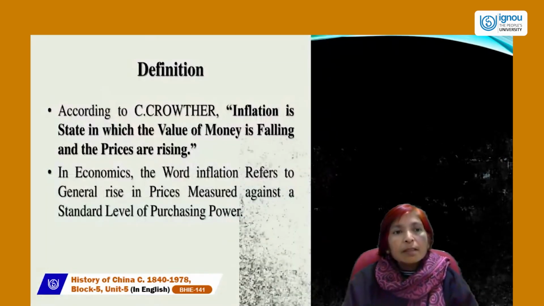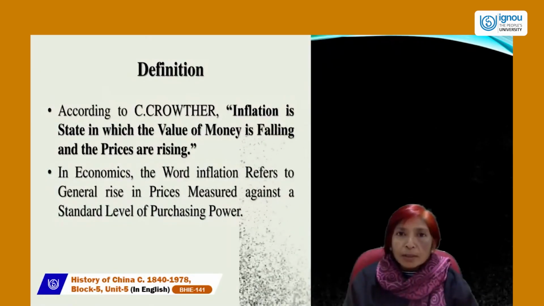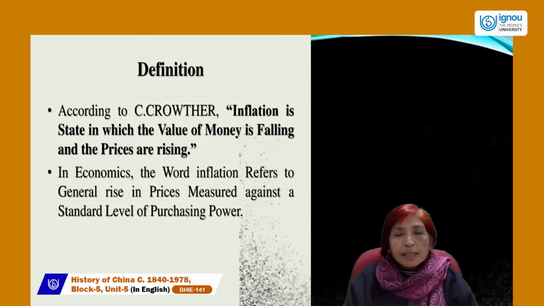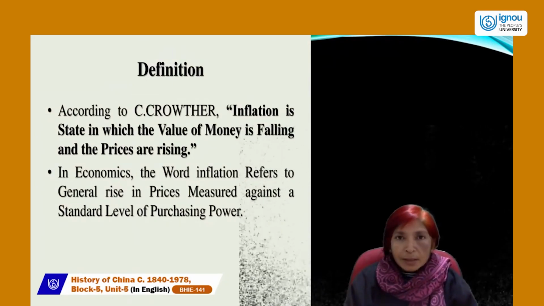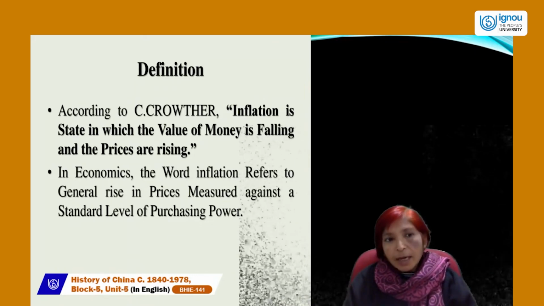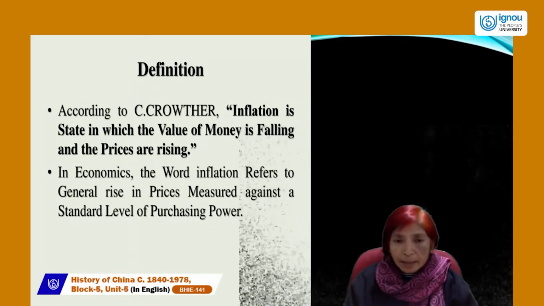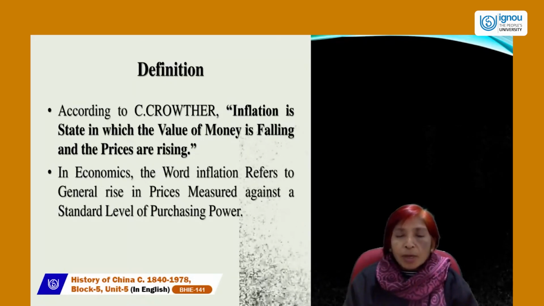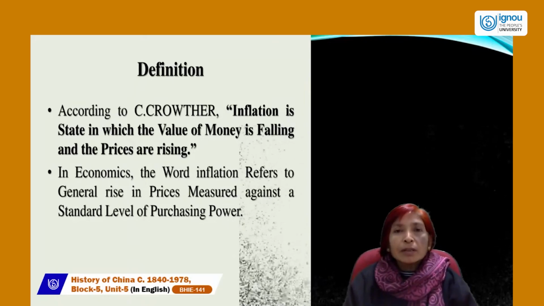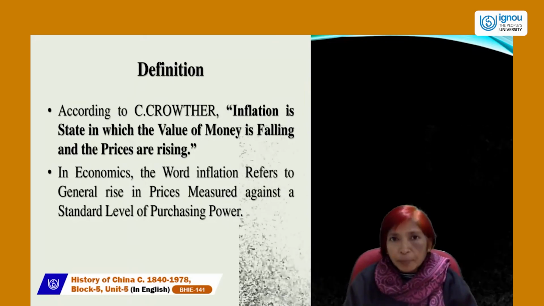Now next, according to C. Crowther, inflation we can define as a state of position in which the value of money is falling and the prices are rising. Crowther is a very great economist who gave the best definition of money.